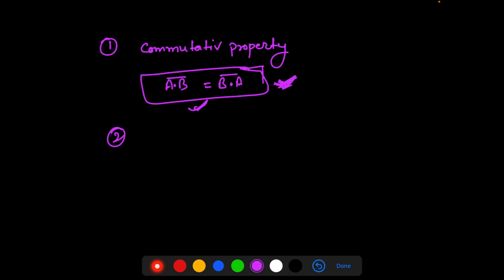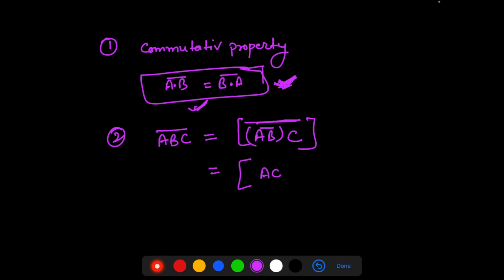But we know if we have 3 variables A, B, C, then can we write down this? Is this expression equal to this expression, or is this expression equal to this expression?